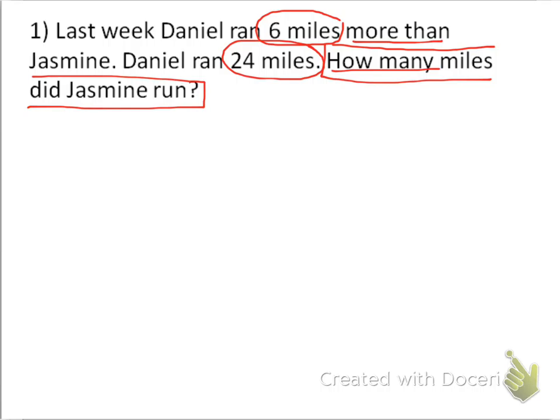Our second step is to write a let statement. Now in this let statement, we're going to make our variable. Our variable is whatever the question is asking for. So our question says, how many miles did Jasmine run? So our let statement will answer this question. Let x represent, and I'm just going to write rep so it's shorter for us.